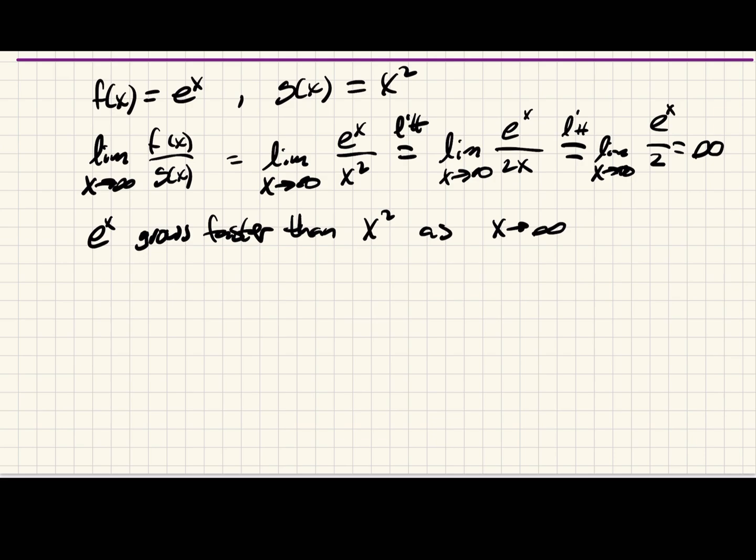Okay, any questions about that? All right, so let's look at, what about f of x equal to 3 to the x and g of x equal to 2 to the x.